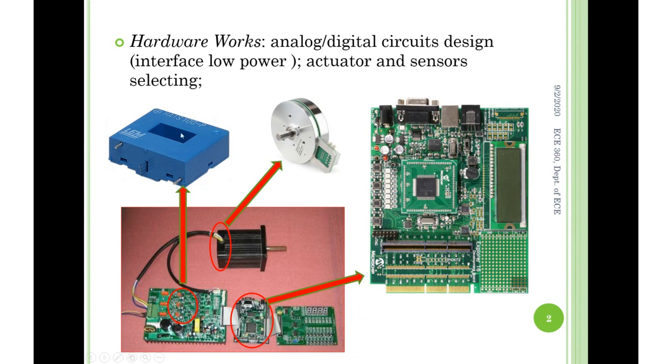Through this rectangular hole, you make your current-carrying cable go through, and then it generates a proportional, linearly related analog voltage signal out of these pins.